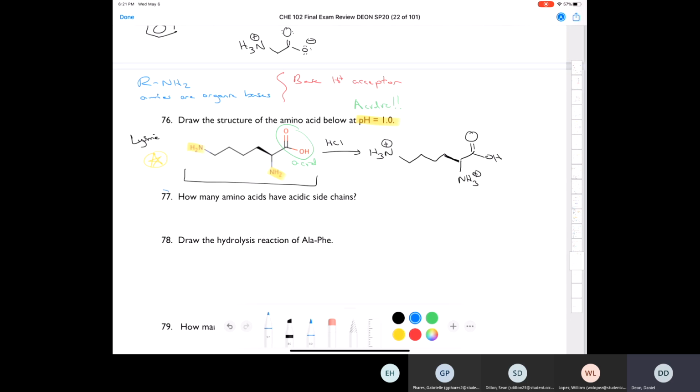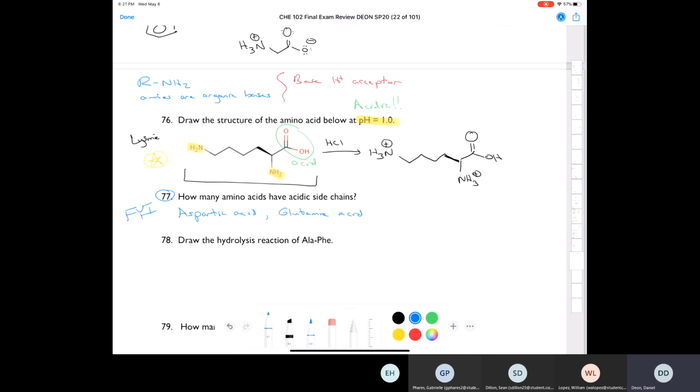Again, this question number 77 is more of an FYI thing, because I would not expect you to memorize how many amino acids have acidic side chains. I would expect you to be able to recognize them. They're the ones with carboxyl groups, and there are two of them: aspartic acid and glutamic acid. Both have carboxyl groups on them.